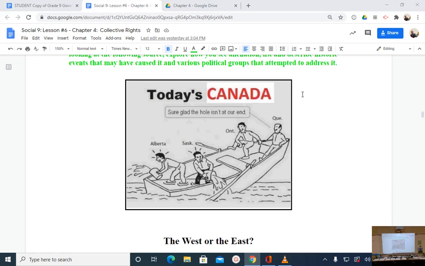Alberta and Saskatchewan are being tasked with bailing the water. So bailing the water is a metaphor. Canada's not really a boat, but it's showing that Alberta and Saskatchewan, they're the ones doing the work.